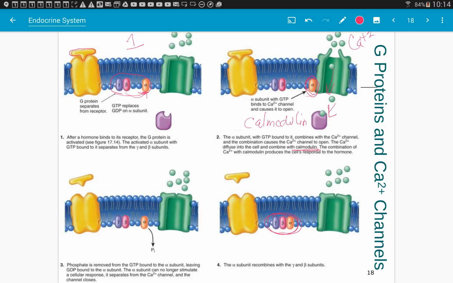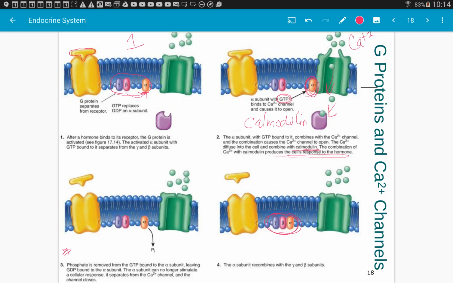We go to number 3 over here. So now calmodulin, just so you know, it produces a response to the hormone inside the cell. And it can be all sorts of different hormones follow this pathway. So I can't say the general response for all of them because they will have different responses. Okay, so the third step, this alpha subunit over here, I forgot to mention, is bound to GTP.